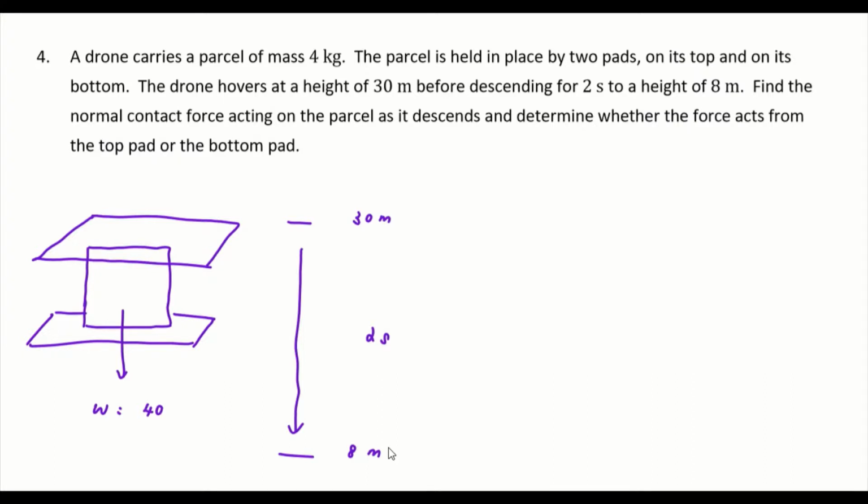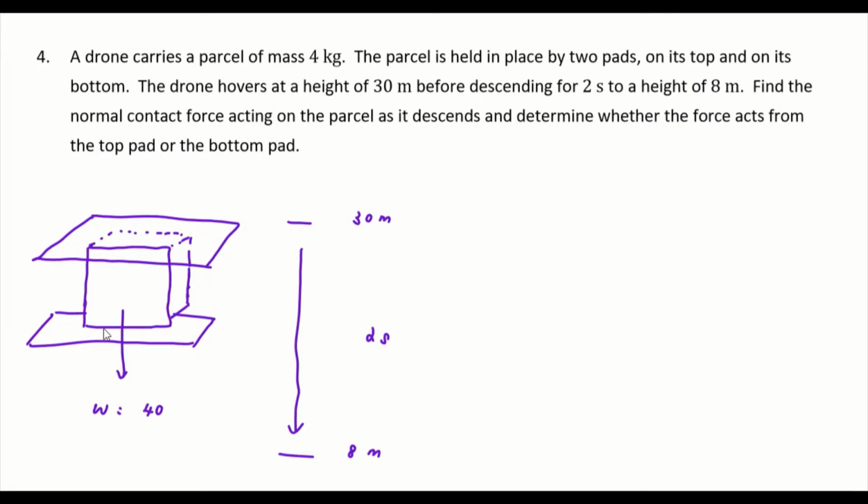Okay, so the idea is like this. Let me try to draw it whole. Yeah, that's right. So this is my parcel. If we try to recall from the definition of normal reaction force, one of the contact forces exists when you have one object in contact with one surface.